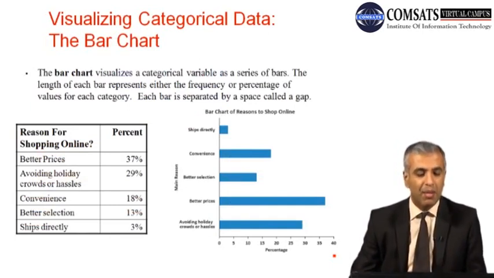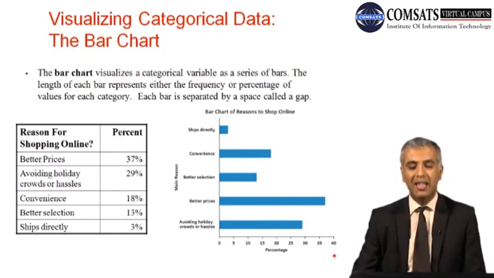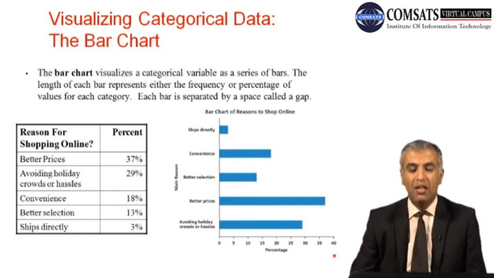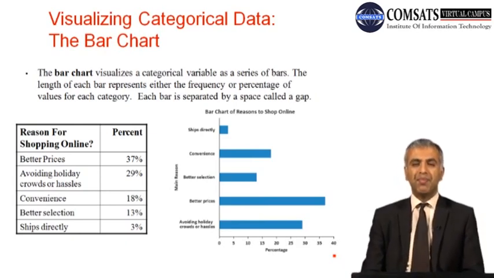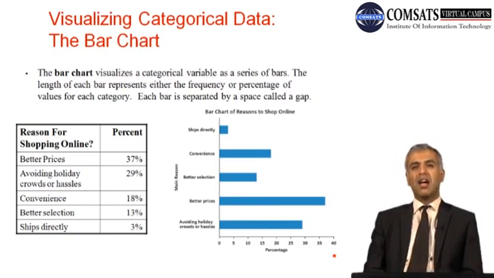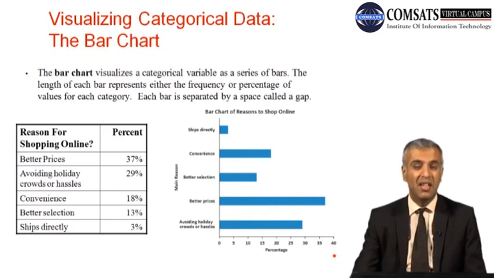You can see the summary table on the left-hand side, and the same values have been converted into percentages, and that percentage is then portrayed in the form of a chart, which is called a bar chart. These graphs are presented to enable the audience to roughly compare the values in front of them, to compare the different entities.